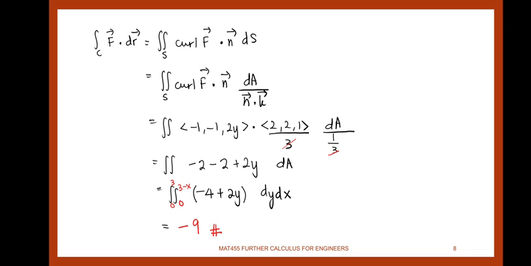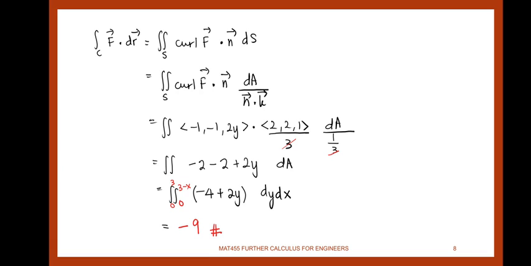Because you want to evaluate dy dx, therefore you have all the information here. So you just evaluate using double integral, Cartesian coordinate x and y. Integrate with respect to y first and then integrate with respect to x. Okay, so you can continue from here and then you should get negative 9. So by using Stokes Theorem, you get negative 9.